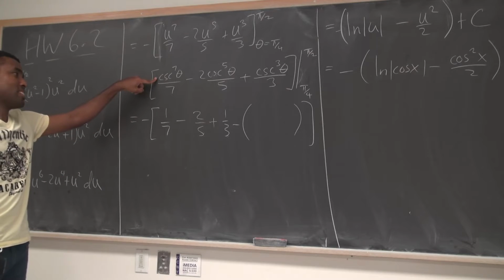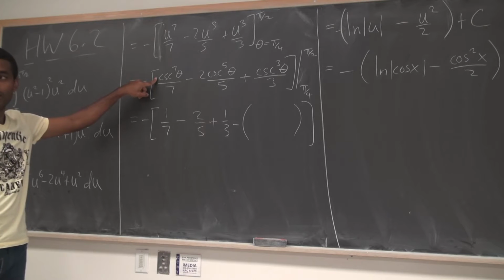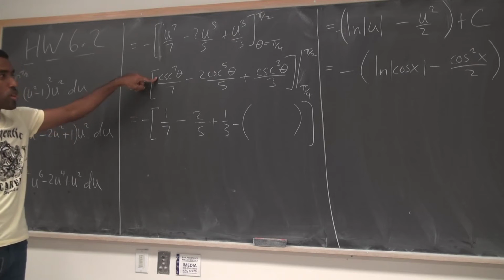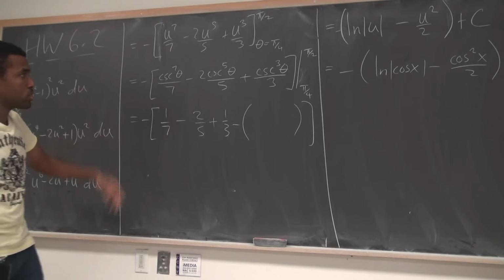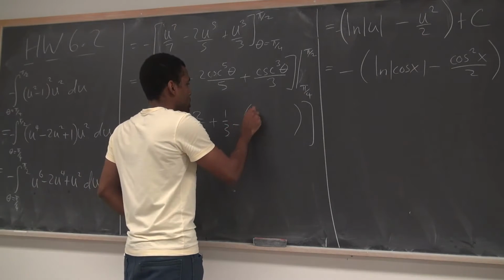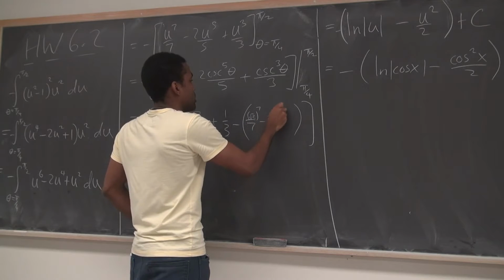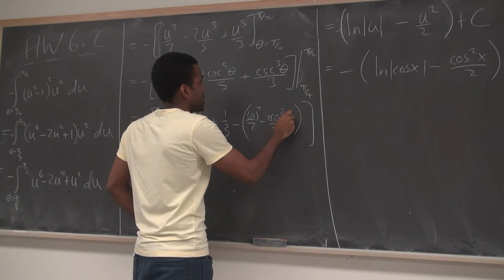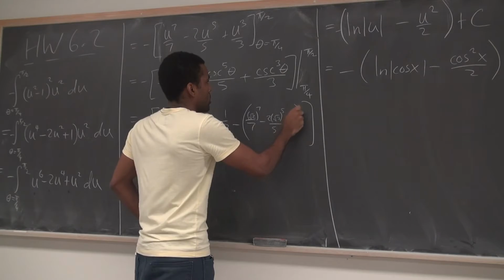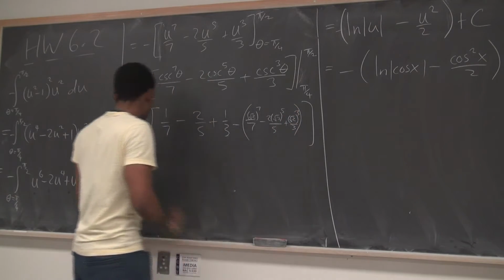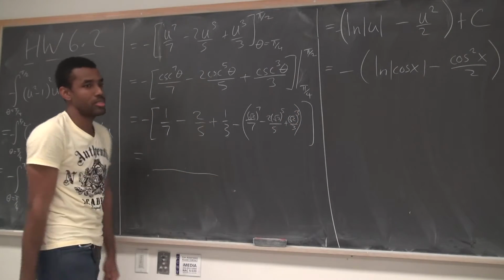Well, it's not super bad. What's sine of pi over 4? Radical 2, or you can think of it as 1 over radical 2, it flips and becomes radical 2, so this is like radical 2 to the 7 over 7 minus 2 radical 2 to the 5 over 5 plus radical 2 to the 3 over 3, and then we give up.